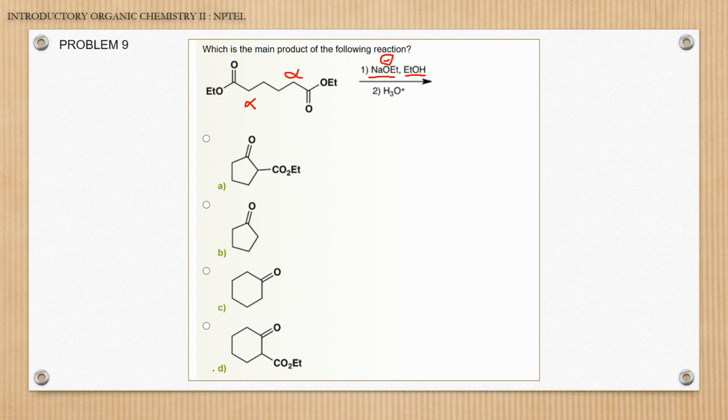So be precise. Aldol is one of the reactions, but generally, if the cyclization is going between the esters, then we say a Dieckmann condensation, right? So this is an example of Dieckmann condensation reaction. So the correct option will be option number A. Is it clear to all of you how the mechanism is going?